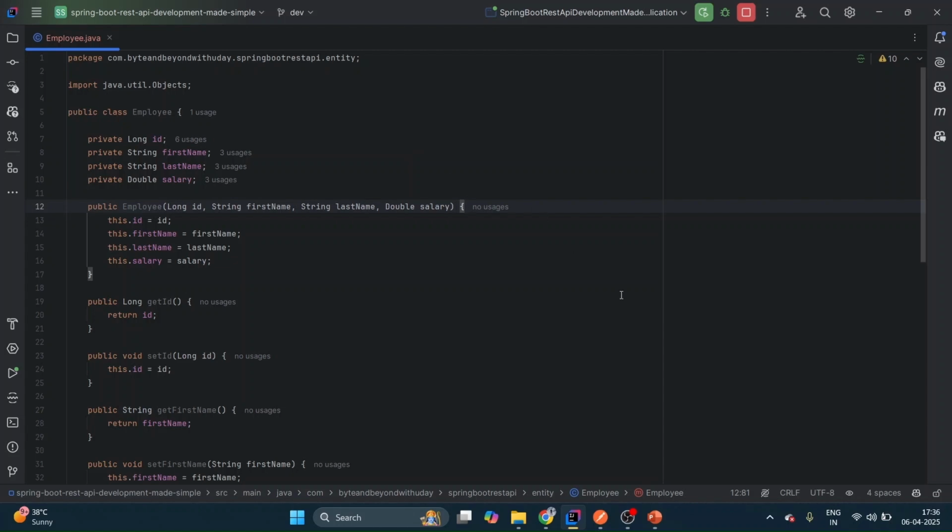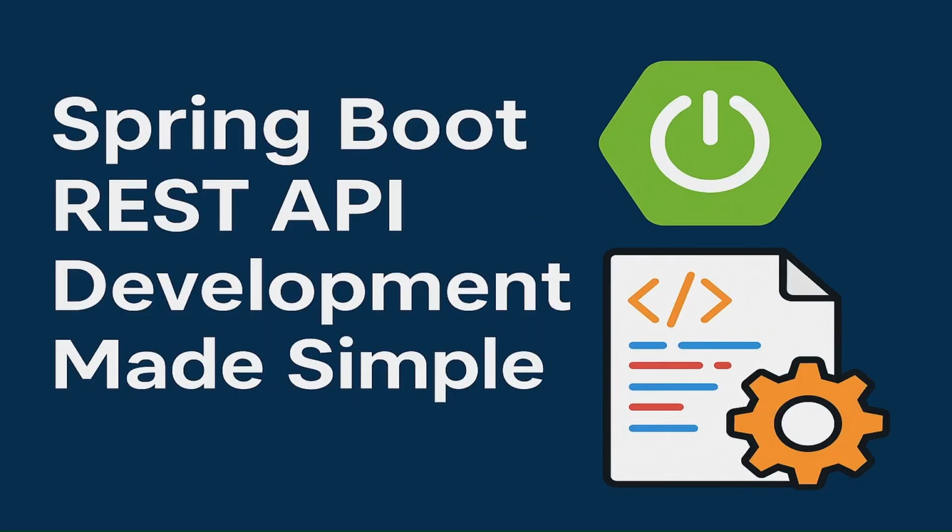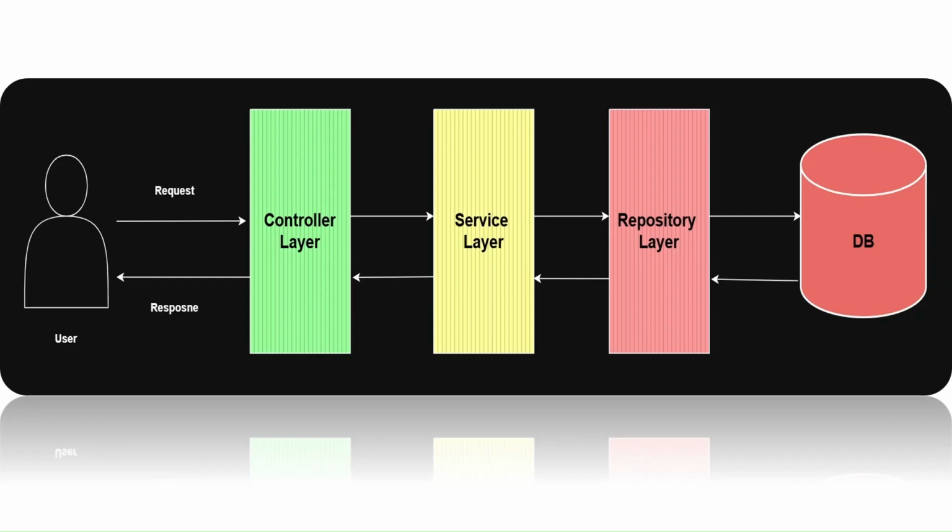So let me go to my presentation. So this is the architecture used by most of the web applications. Whenever you are developing a web application, usually there are three layers, and it is a best practice to create three layers.